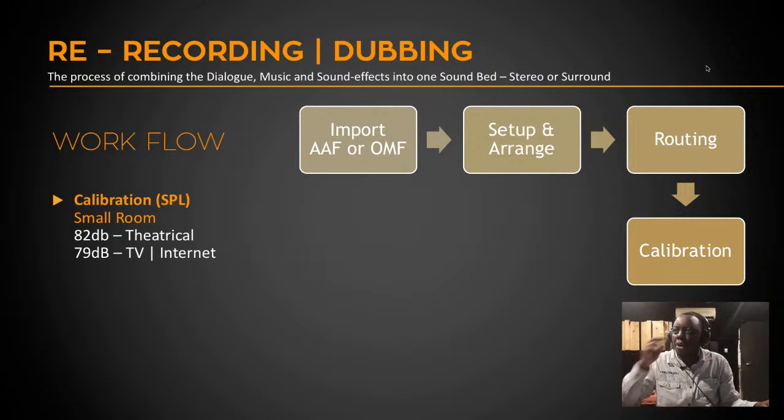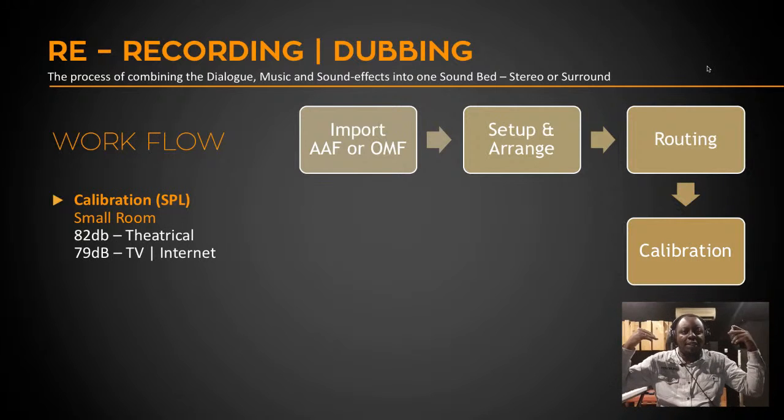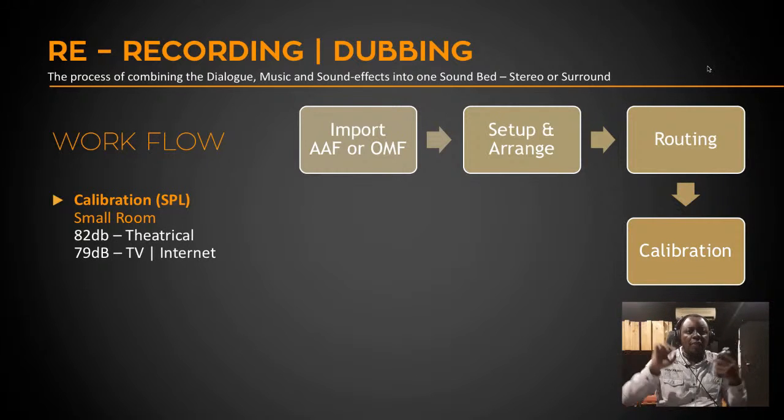After calibrating, make sure as you calibrate for theatrical that your meter is reading 82 decibels. Once you have 82 decibels from each speaker, don't do all the speakers at once. Put pink noise, or use an oscillator, and once you have done that, make sure that at the mixing position, where I'm seated, my speakers are right here.